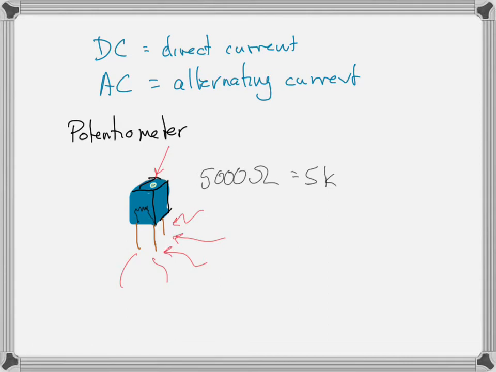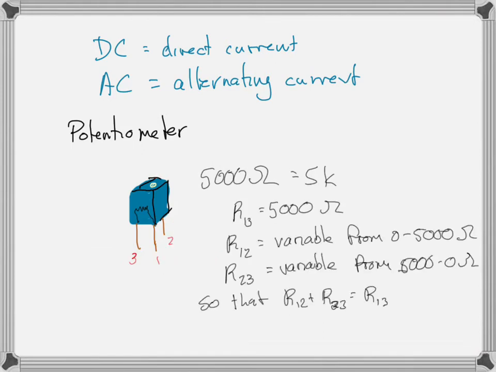5,000 ohms. And then you might be able to guess that if you measure the resistance between the other two legs, the third leg and the middle leg, then it's going to be the opposite. Let's call this leg 1, the middle leg, leg 2, and the third leg 3. The resistance between R13 is always 5,000 ohms.